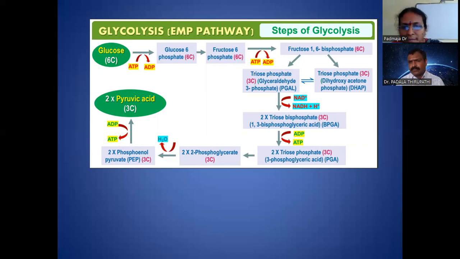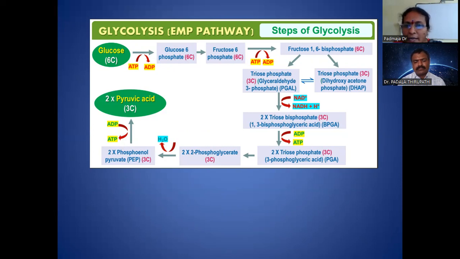In the next slide, we can see that with the help of these enzymes, there are 10 steps, 10 enzymes. And here there is the bifurcation of this fructose 1,6-bisphosphate into glyceraldehyde 3-phosphate. This glyceraldehyde 3-phosphate and triose phosphate, dihydroxyacetone phosphate, these are all intermediate products that are also seen in the C3 cycle.